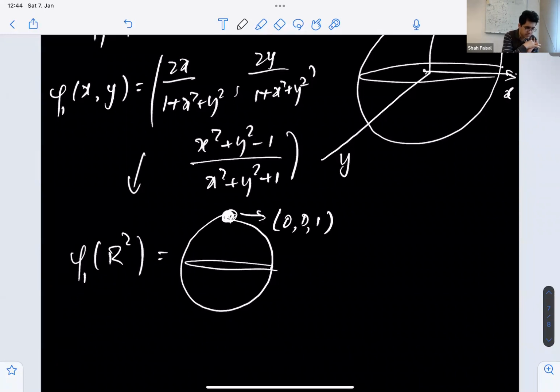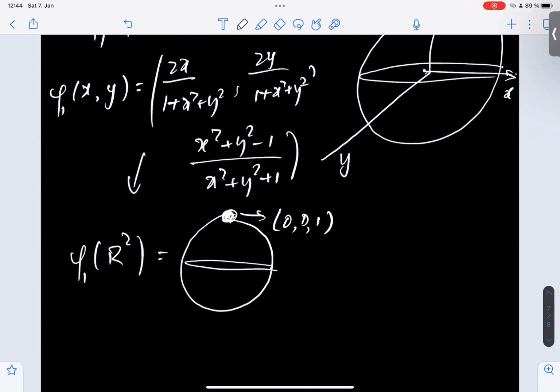So the image should cover the whole sphere, and the function has to be continuous from R2. Okay. I mean, for topological reasons, no, because sphere is compact and R2 is not.